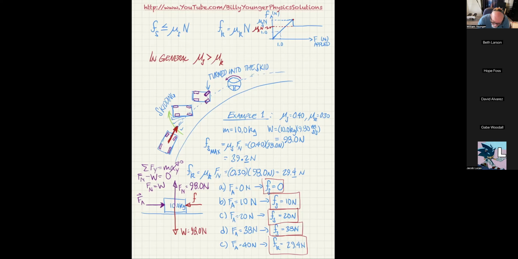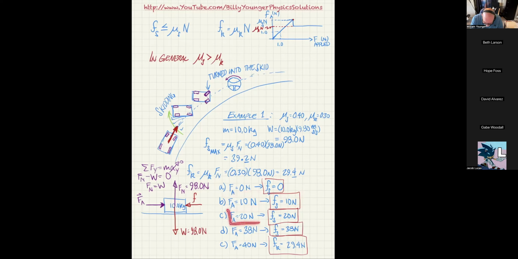So I'm over here at some force smaller than the 39.2. So the FA is just going to force the friction force to be equal to itself. So the friction force is 10 newtons when the FA is 10 newtons.